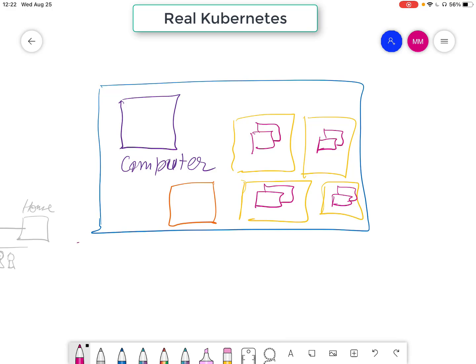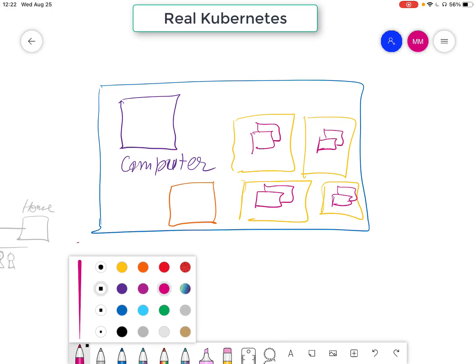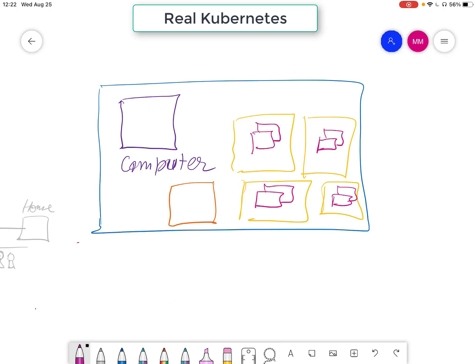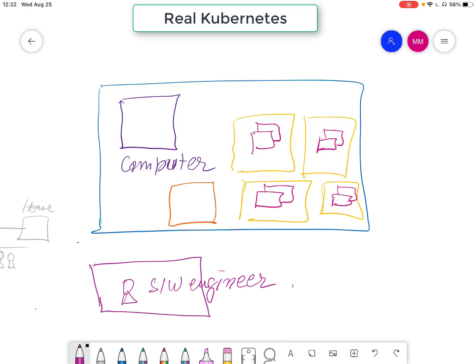Somebody's outside here, and let's just say this is a software engineer.